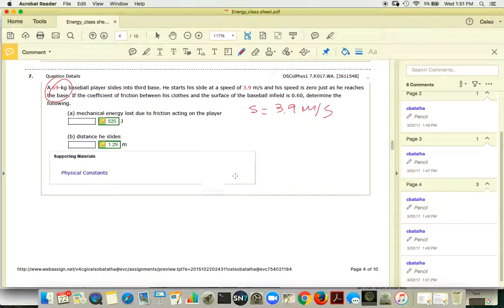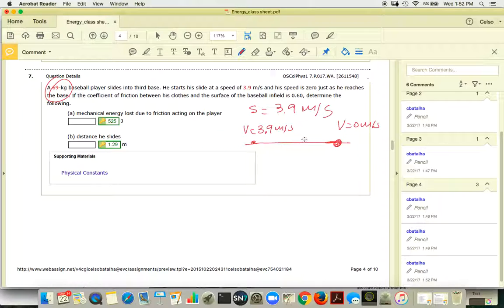Oh, I see. So he starts his slide, so let's say base is the whole thing. He starts sliding here with a speed that is 3.9 meters per second, and the speed is 0 when he reaches the base, which means he has an impeding friction force acting on him that will provide an acceleration to his body, changing his velocity from 3.9 meters per second to 0 meters per second.